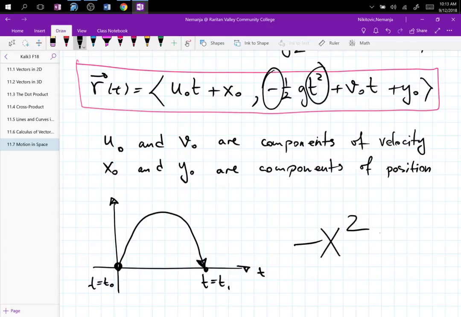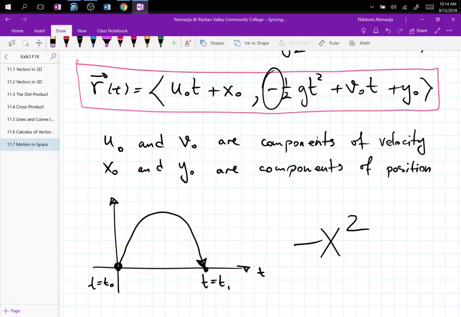Now, when I throw this, your height changes as a parabola. But you only have a progression forward. Note that there is no parabola going forward. Going forward, you have linear. Right?